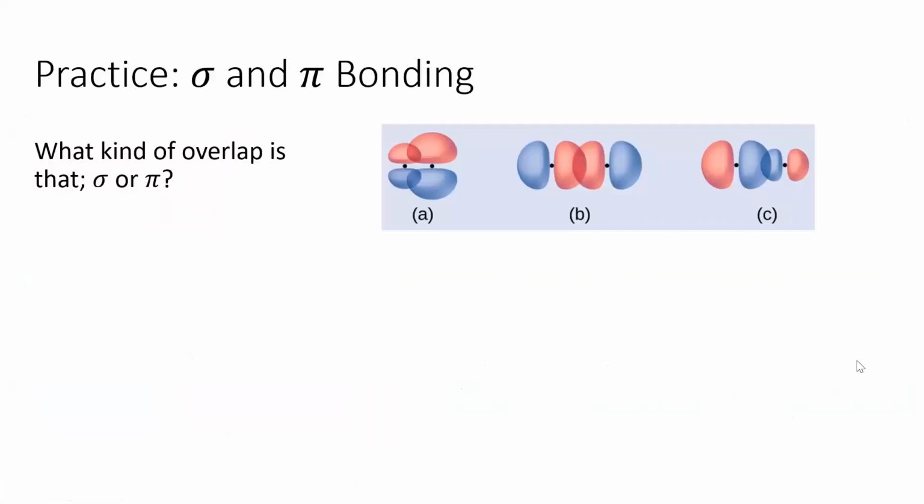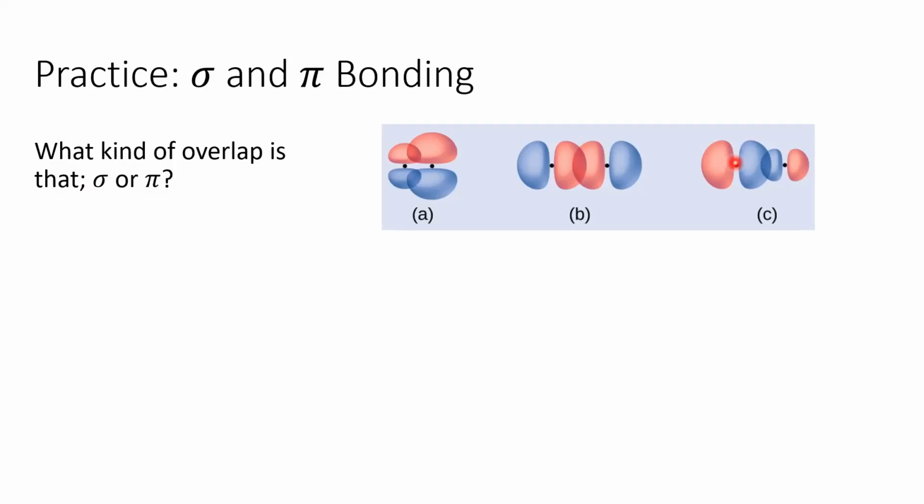Let's look at these as examples, and let's put them in the chat real quick. We have three examples of bonds. Are they sigma bonds or are they pi bonds based on the way they're oriented? You want to look at them and ask, are they head on or are they side by side?